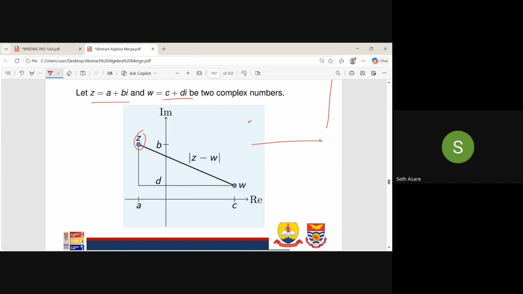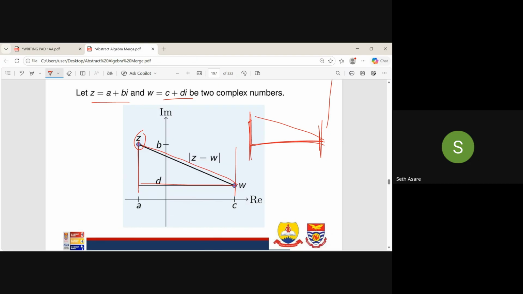When I come here, this is your building, this is my building. We are not interested in this one, we are talking about this. If this one is a building, and this one is also a building, what is the distance between them?